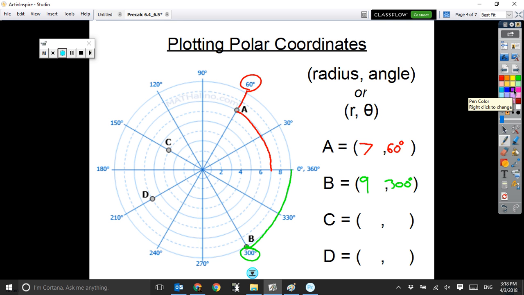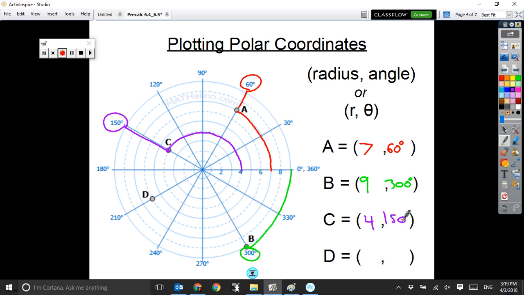Next I'll look at C. C is located right here, and if I follow this line around, I see that it is at 4, so C has a radius of 4. Then if I follow this line out, I see C has an angle of 150 degrees.